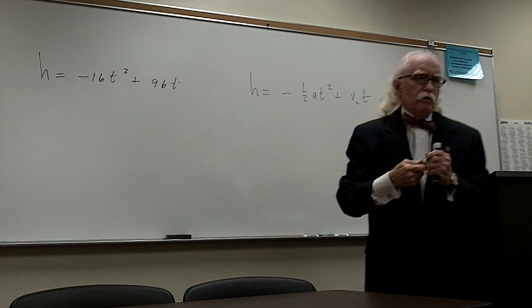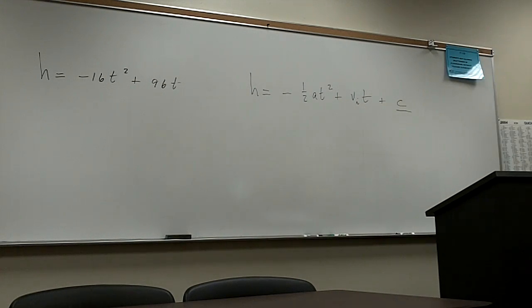So the minus 16 in front of that problem tells me that 1/2 of gravity is 32, and half of that is 16. 32 feet per second squared is what it is in the English system. If that was meant to be 96 meters per second, it would be minus 4.9.